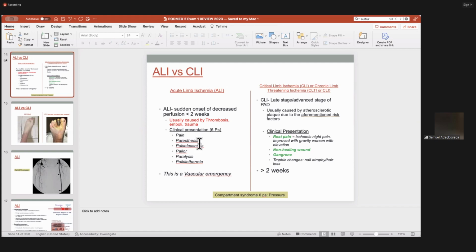Acute ischemia is an emergency, whereas with critical ischemia you have to know the 4 things that will give it away. For example, rest pain or night pain, non-healing ulcers, gangrenous changes, or ischemic changes. When a patient has a positive Buerger's test, that is also critical ischemia. So you should know that.